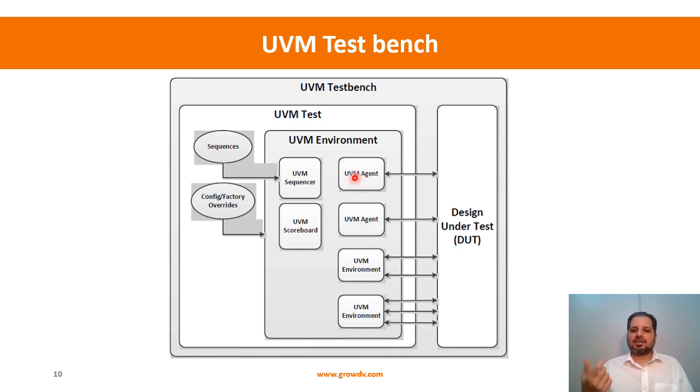Inside the agents it will have a driver, monitor and a sequencer, and then the test will instance this particular environment, and as we talked about, the test will have access to various sequences, configuration and the factory based overrides. So the factory based overrides help if you want to change this particular environment, it can be changed using the factory overrides, and then using that it configures this environment that is instanced to create the configuration that it wants to test, right?